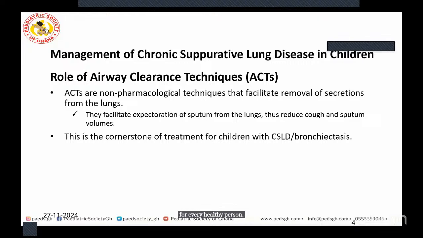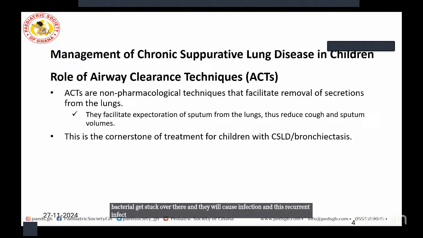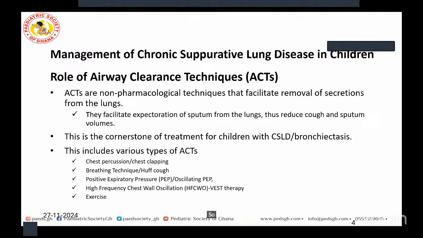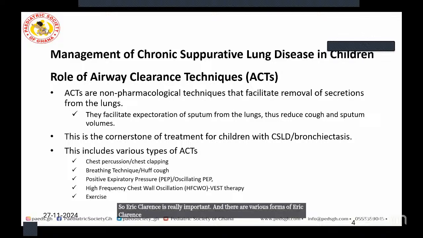You need to clear your mucus, because if you don't clear it, bacteria get stuck over there and they will cause infection. And these recurrent infections eventually will lead to chronic suppurative lung disease or bronchiectasis. So airway clearance is really important. And there are various forms of airway clearance, and we'll go through some of them.